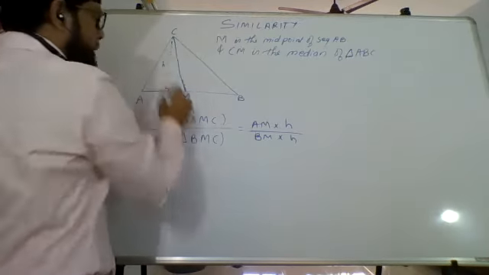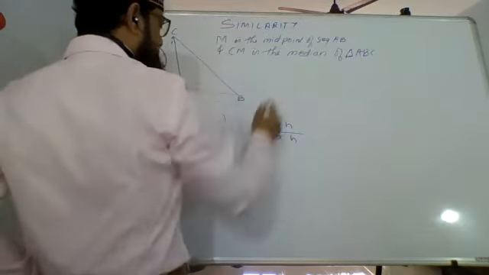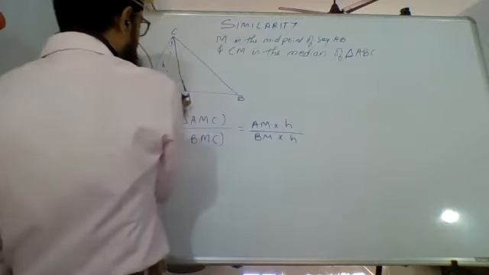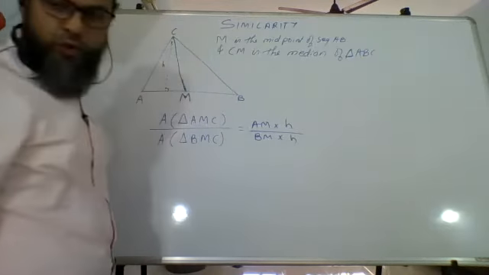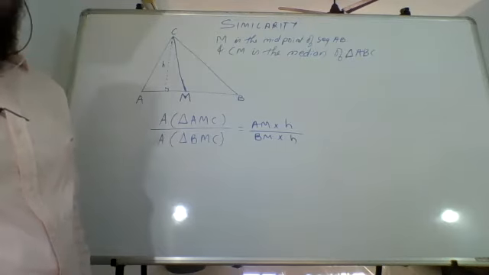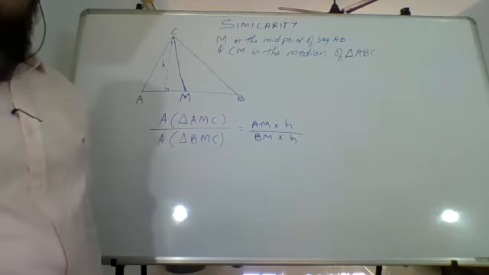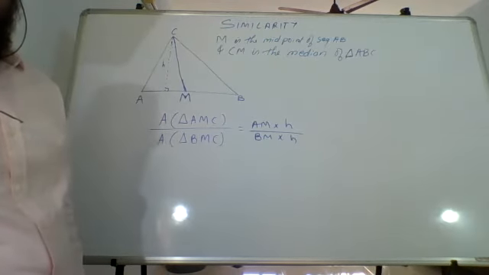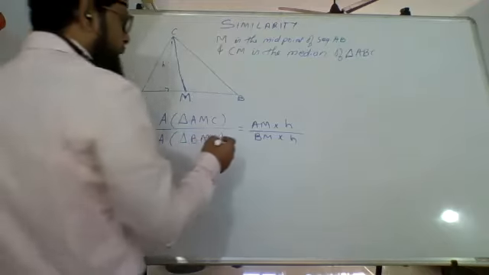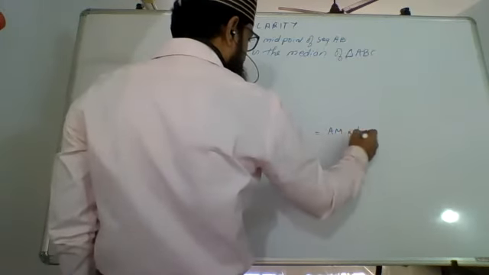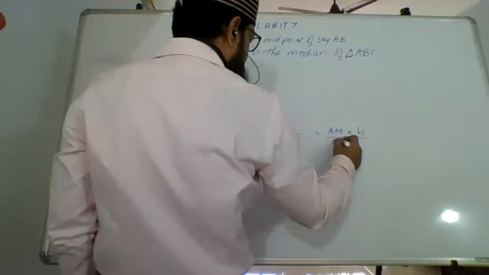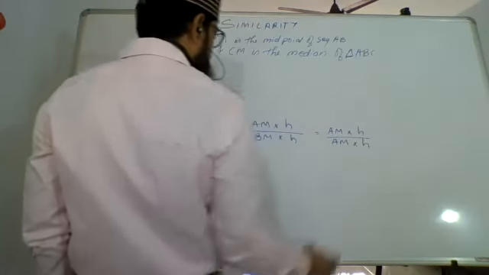Now, it says M is the midpoint. That means AM equals BM, isn't it? Yes, sir. AM will be equal to BM because M is the midpoint. So in place of AM, I can say AM into H upon, in place of BM also I can write AM.